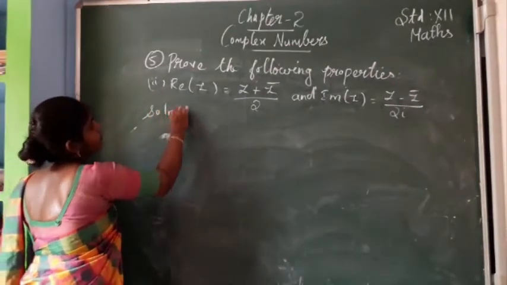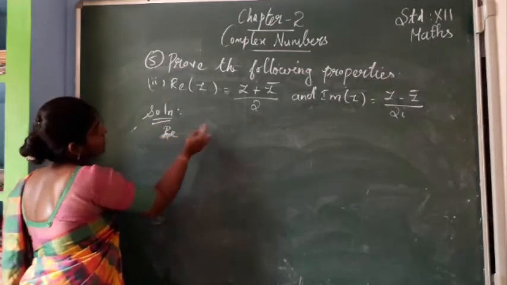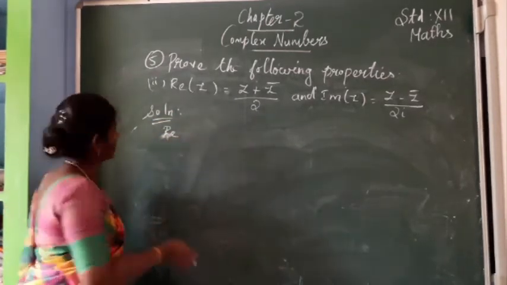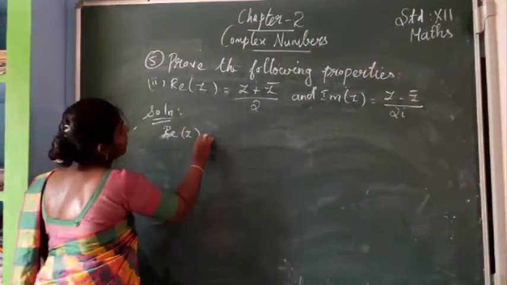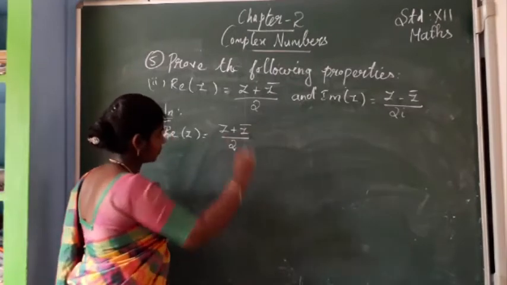Solution. First I am taking the real part. Real part of z is equal to z plus z bar divided by 2.